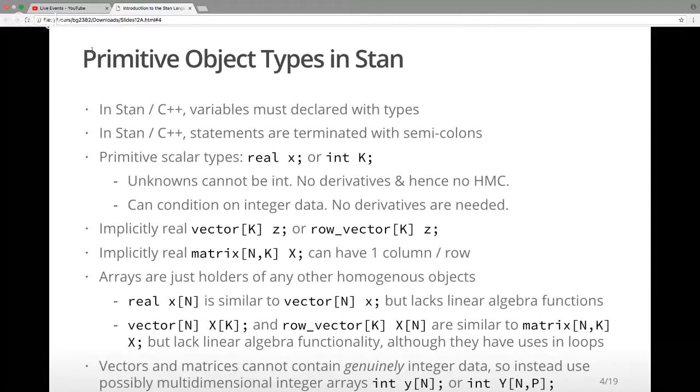So Stan is going to be more strict about the types of things that can go into this or that function in a lot of situations. And so if you have a count, you should store it as an integer, not so much because it takes up less memory, but because it's necessary in order to get past the parser errors that would otherwise occur. Questions about that so far?